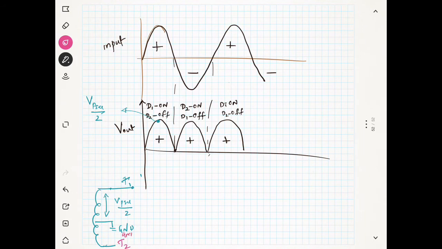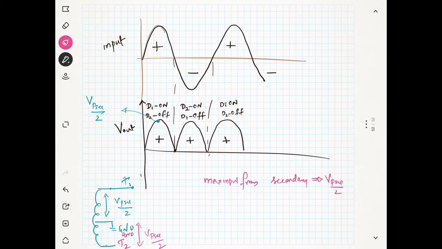Okay, so the maximum input you may get from the secondary is nothing but only Vp secondary by 2.